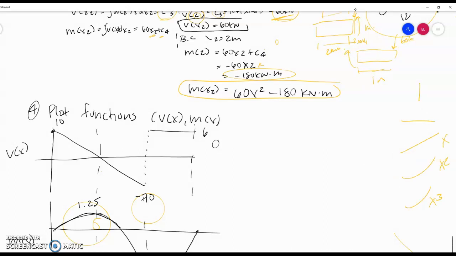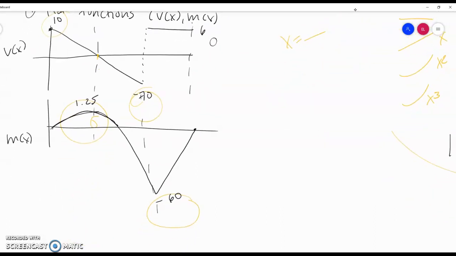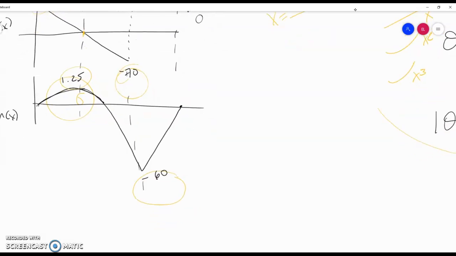So you know the shape of these functions, and you can determine the endpoints by subbing any of the x equals values into either the shear or the bending moment of the 4 equations. Okay? So you end up with, and again, where the shear is 0, the bending moment is maximum, so that will help you with aligning that.